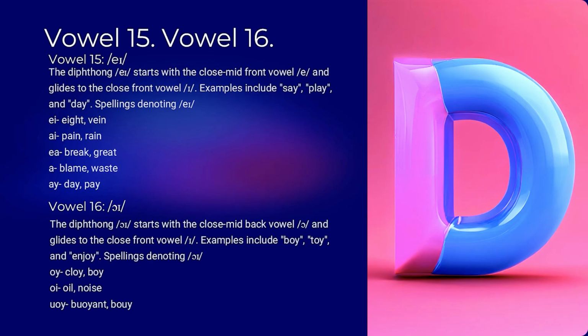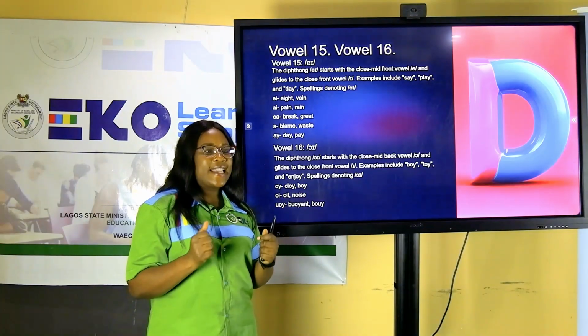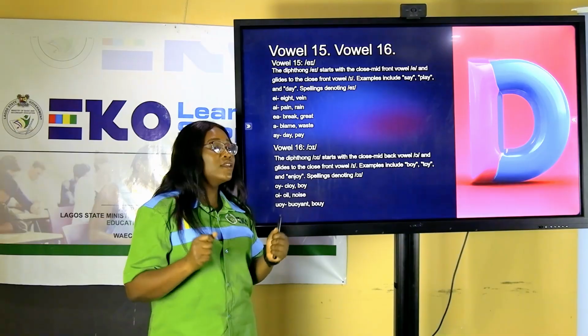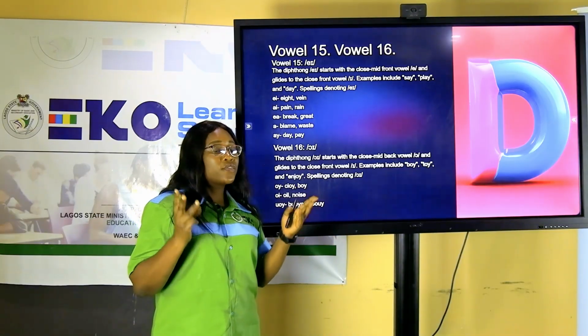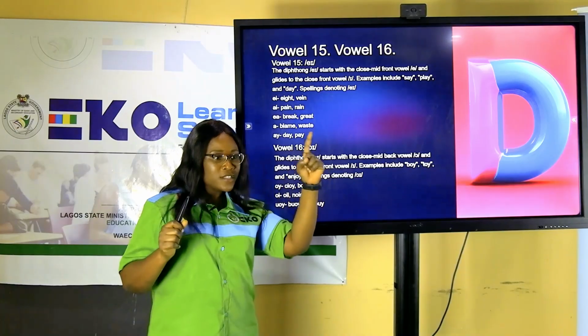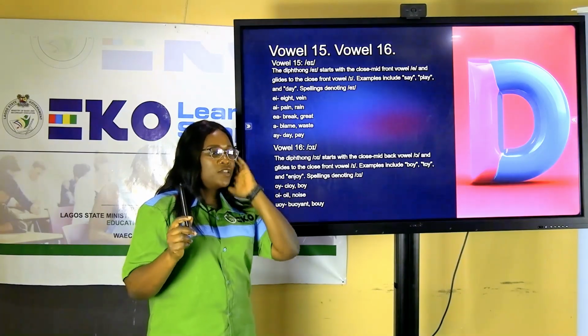So if you look at the word day, what sounds do we have? We have D and A. Just two sounds in the word day. Though we have 3 letters, we have 2 sounds, a consonant and a diphthong.